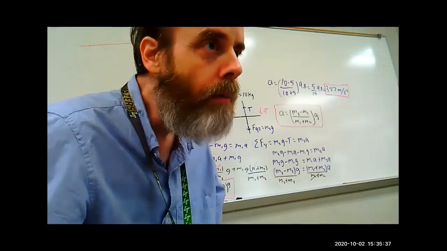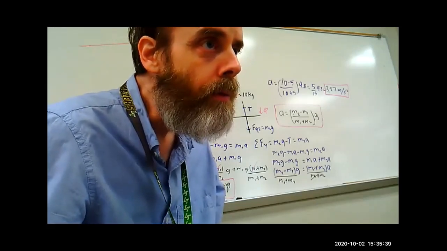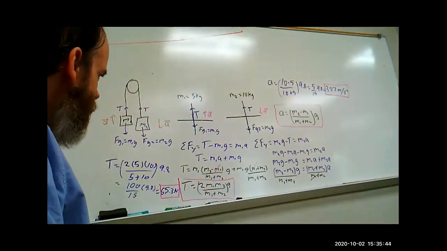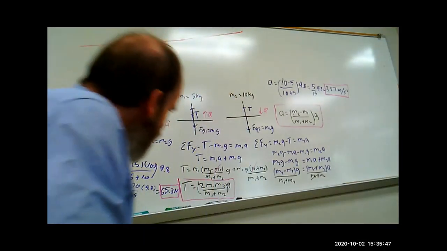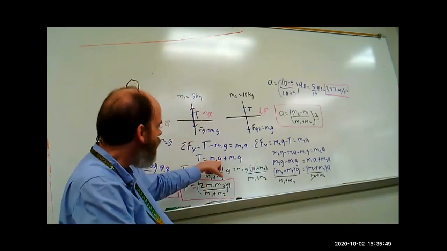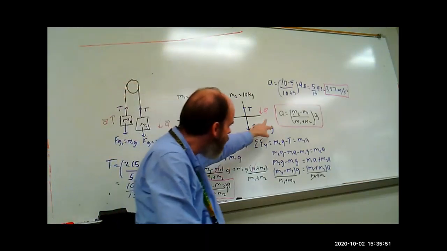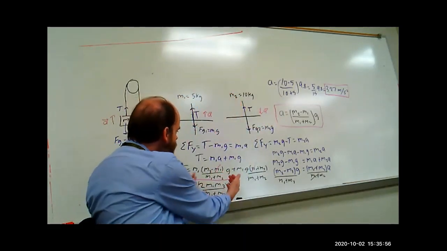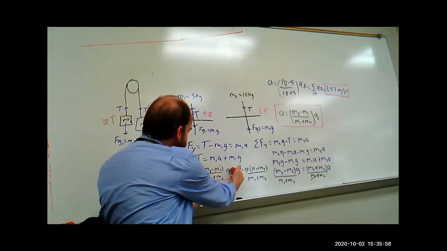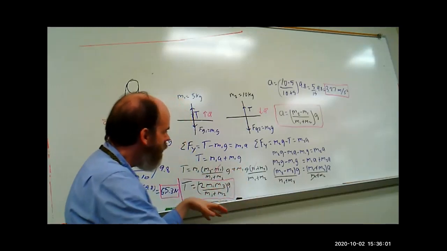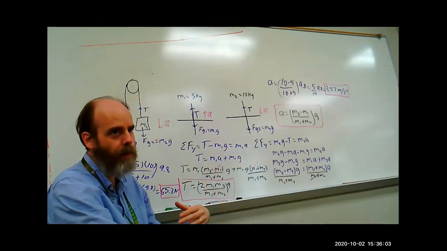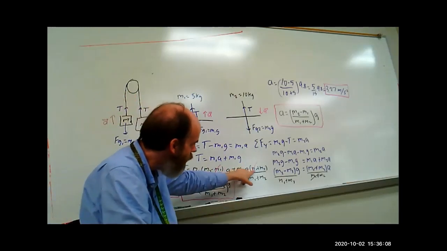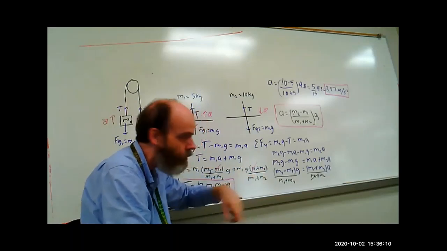Are there any questions? I don't know how you got the T equation. So for the T equation, I just took this. This is T. A is given by this expression, and I put this in for A. Then I found the common denominator, which is M1 plus M2. So I multiply this by M1 plus M2 over M1 plus M2.